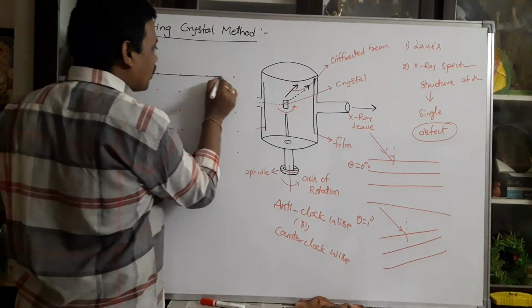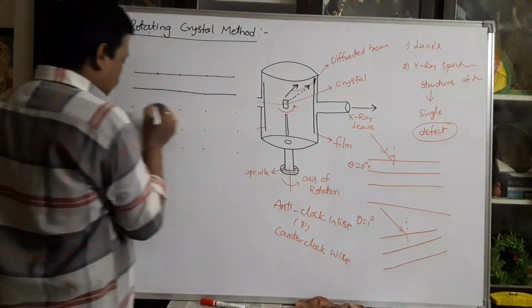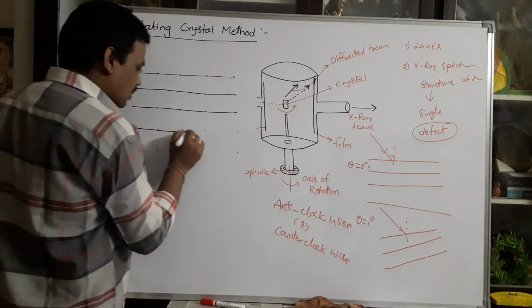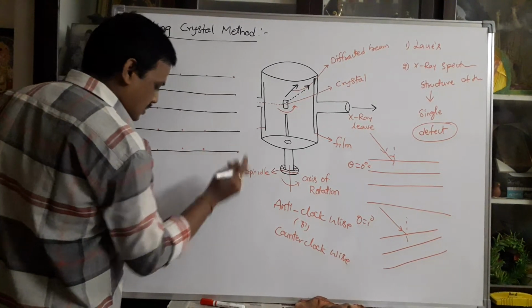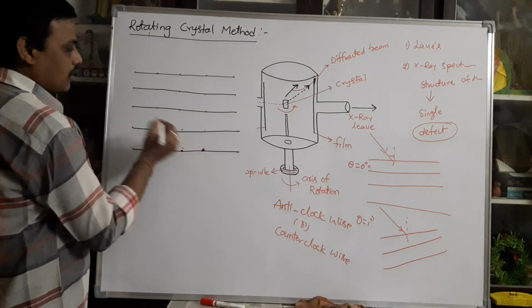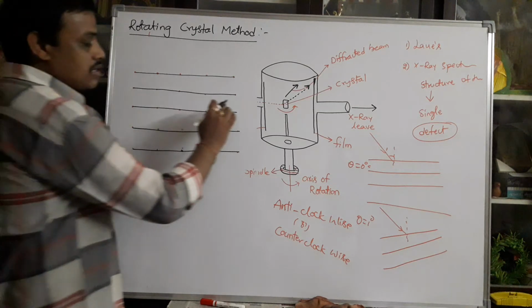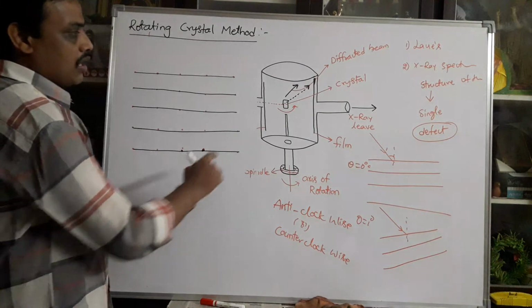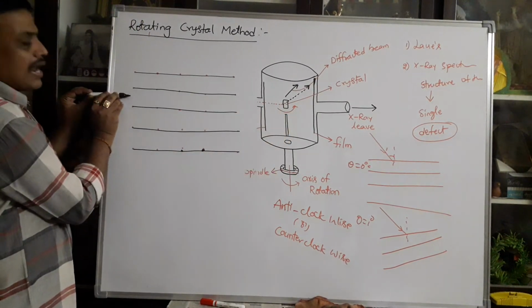All lattice planes are parallel to each other. The distance between two successive lattice planes is nothing but the interplanar distance. This is the lattice planes. Here no diffraction occurs, because the incident X-ray is exactly incident in between the lattice planes.